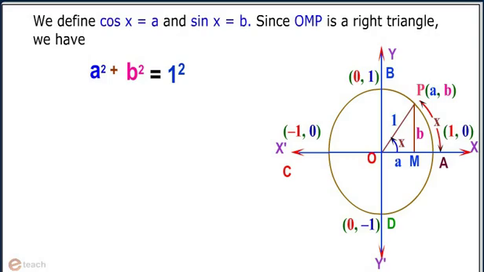On simplifying this, we get a square plus b square equals 1. Replacing a by cos x and b by sin x, we get cos square x plus sin square x equals 1.